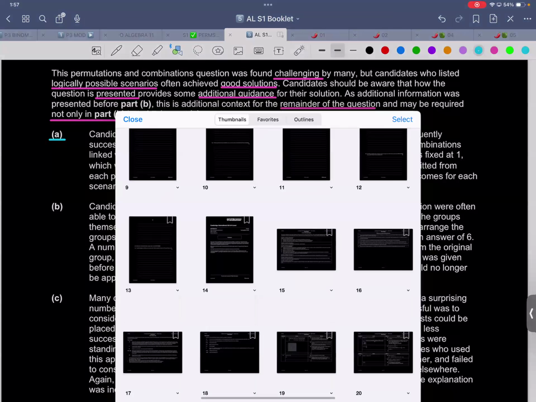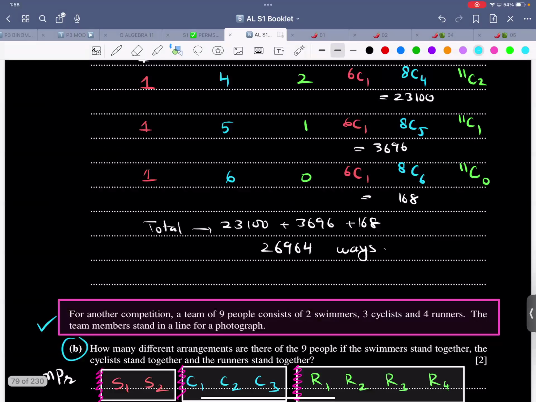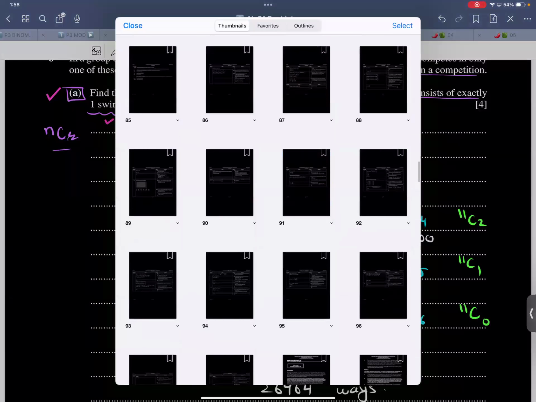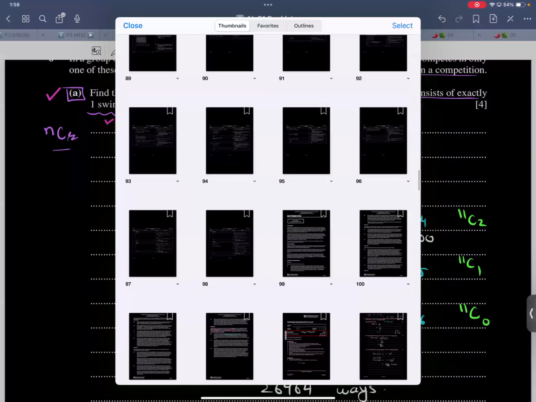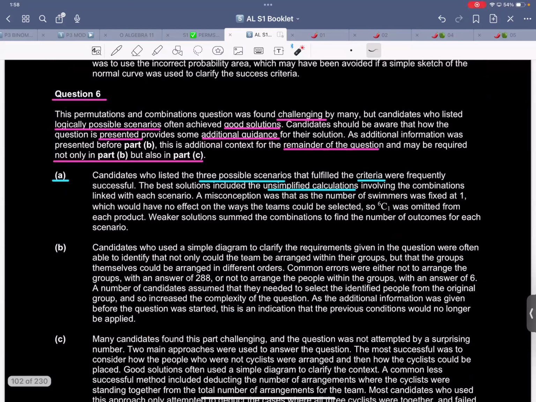Let's see if we skipped it or not. Okay, no, we wrote 6C1. We fixed the number, but of course it has to be taken out of 6. So 6C1 is there. We took care of everything. Let me go back over here. And then it says that the weaker solutions sum the combinations to find the outcome for each scenario. That means instead of multiplication, they simply added it up.